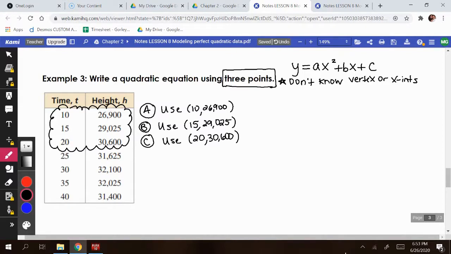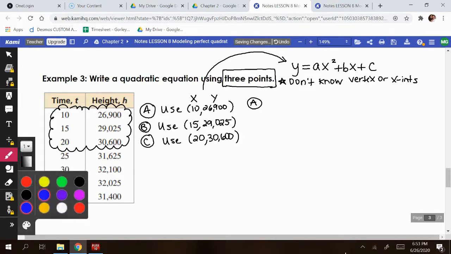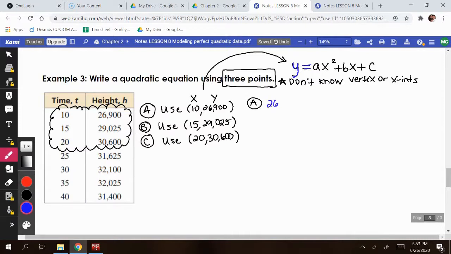If I'm using each one of these points, remember the first coordinate is your x-coordinate and the second coordinate is your y-coordinate. And I'm plugging each one of these points into the standard form equation. So what's my equation A going to look like? We have y equals, so what am I going to plug in for y? 26,900 equals ax squared.